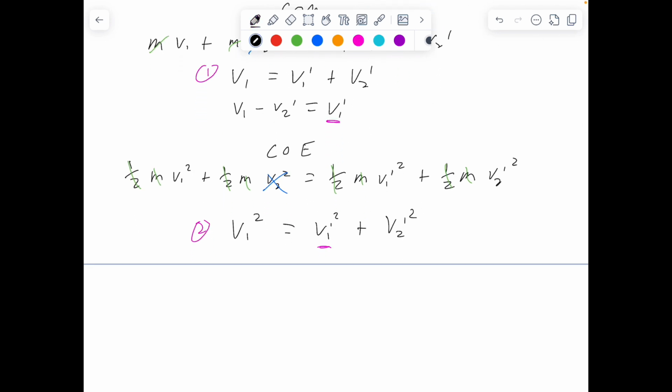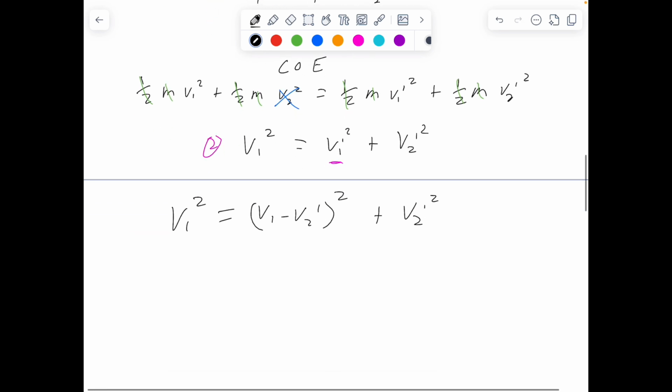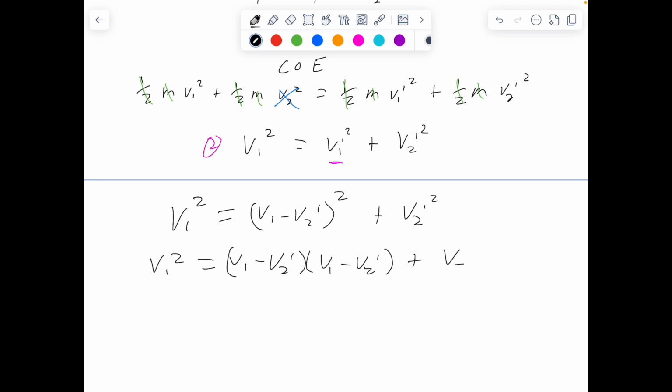So here we go. V1 squared is equal to V1 prime squared, where I'm going to put in V1 minus V2 prime, squared, just subbing in for V1 prime squared from my first equation, plus V2 prime squared. Then I'm going to have to FOIL this out. Oh boy, algebra.